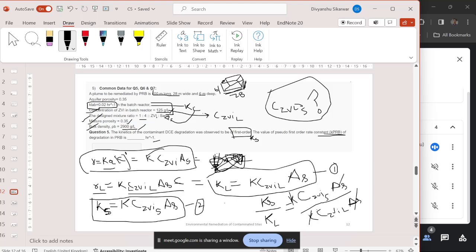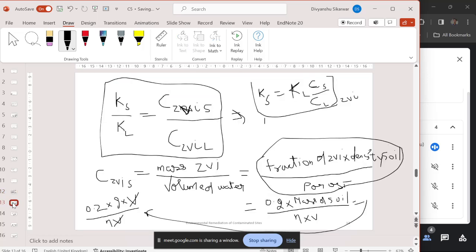So we have to mix ZVI and sand in 1:4 ratio for real time soil condition. From this we can calculate the concentration of NZVI. So how can we calculate the concentration of NZVI?